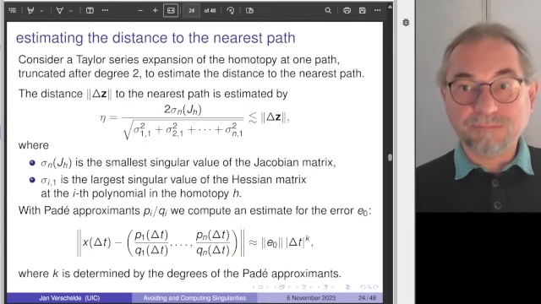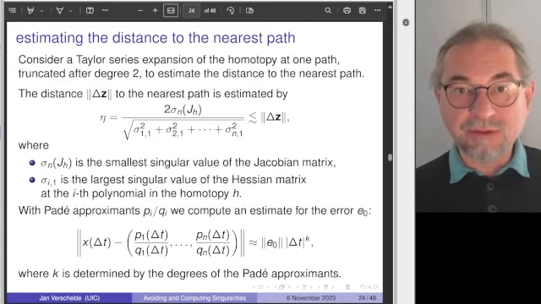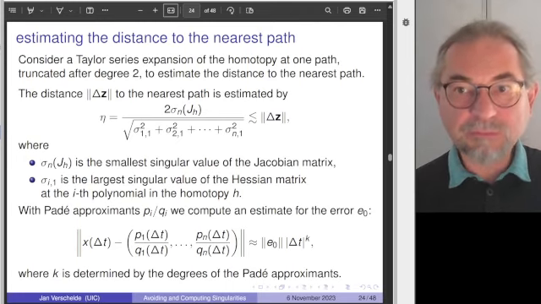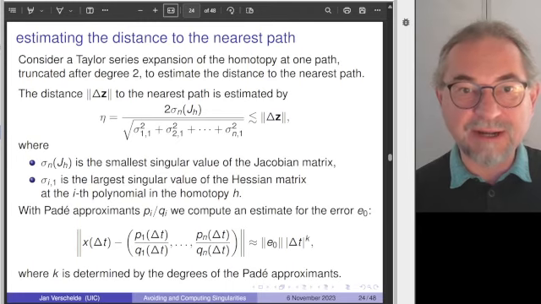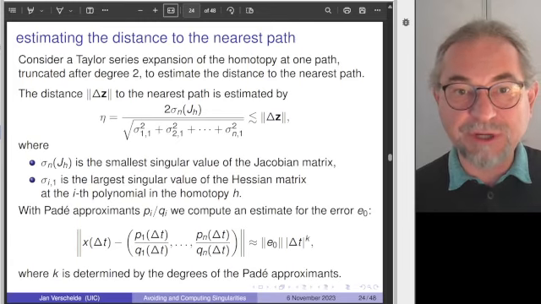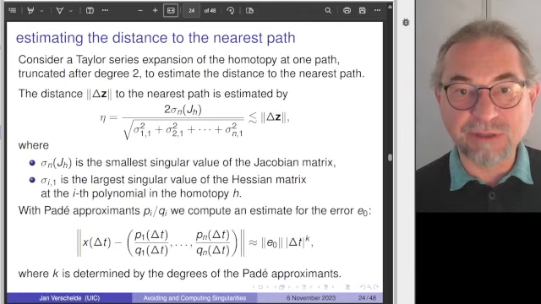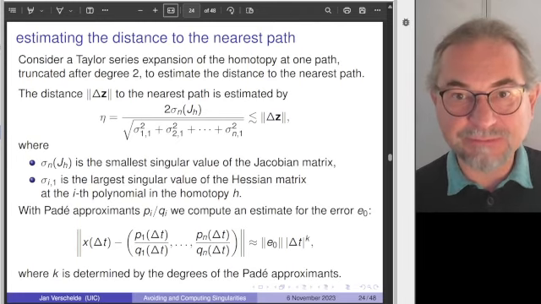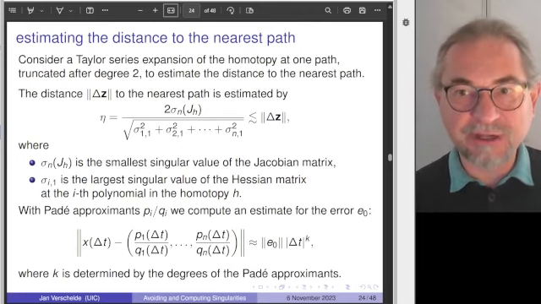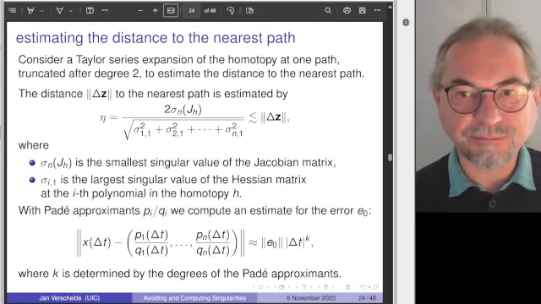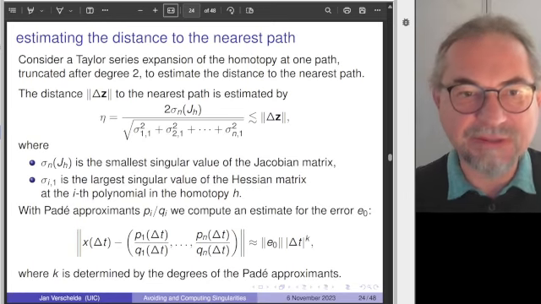Okay, we use Fabry to somehow get the location of the nearest singularity. We estimate the distance to the nearest path using the information of the Jacobian and the Hessian. So we have this estimate. At the end of the lecture, I will have the slide with the references.